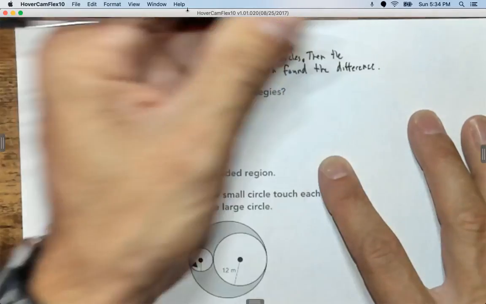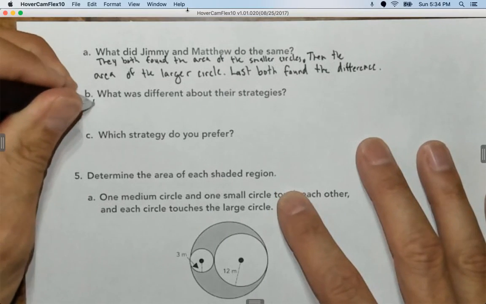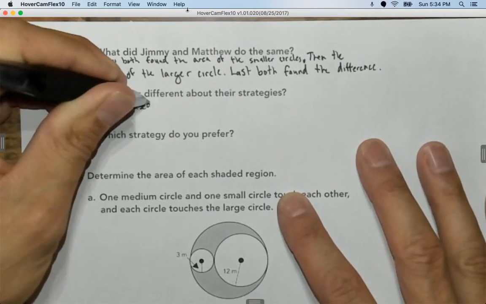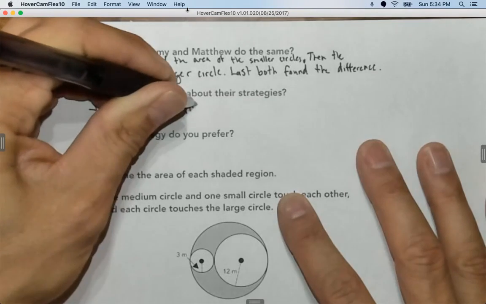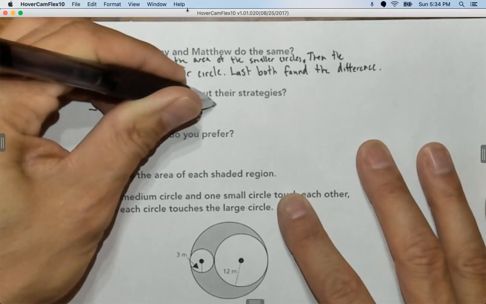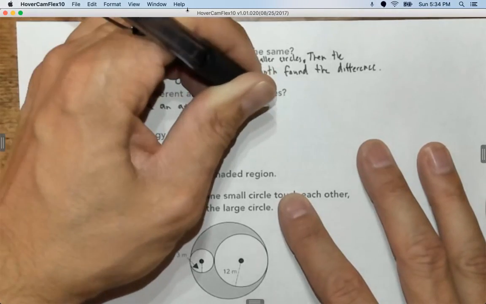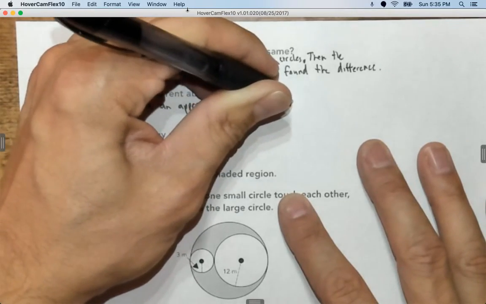Okay. What was different about their strategies? Jimmy used an approximation for pi, 3.14.